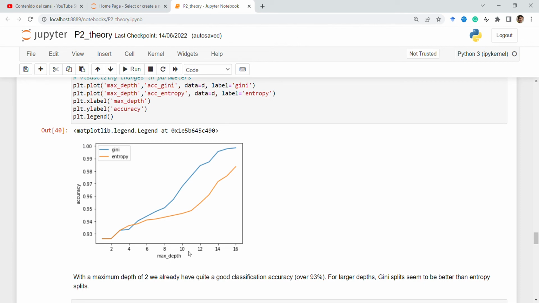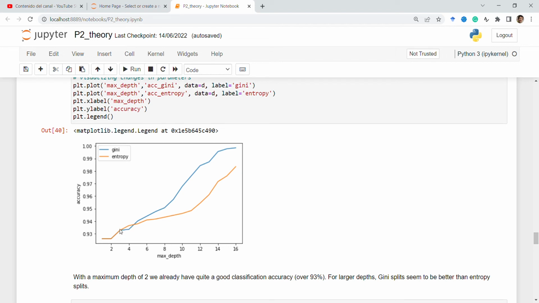And here we have the classification accuracy for different depths. And we see that in this particular case, Gini is much better than entropy, but even very simple trees have a good classification power.